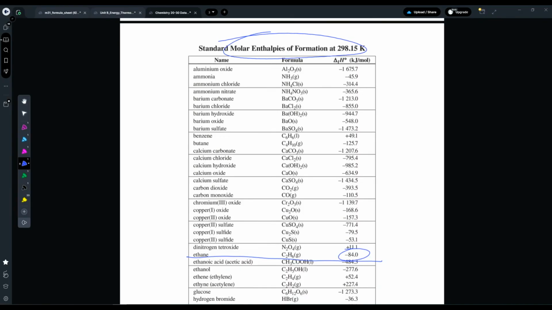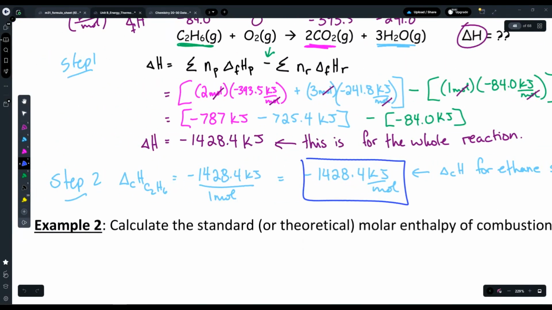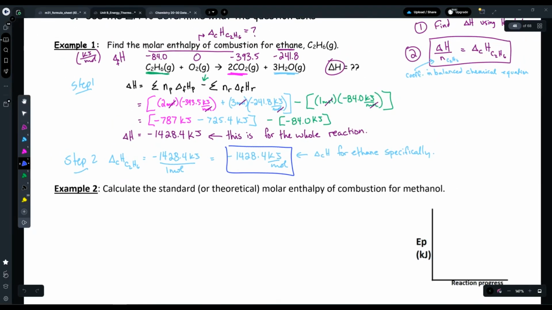So it's specifically talking about the formation reaction of ethane, whereas the value that we calculated here is specifically talking about the amount of energy given off per mole of ethane when ethane is being combusted, instead of when ethane is being formed through a formation reaction. So make sure you understand the differences between what you're using to figure out these numbers in Hess's law versus your final answer.